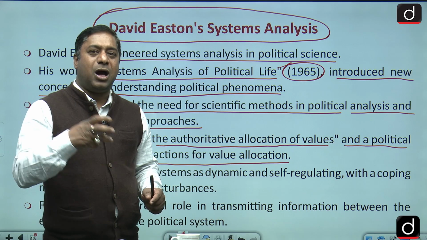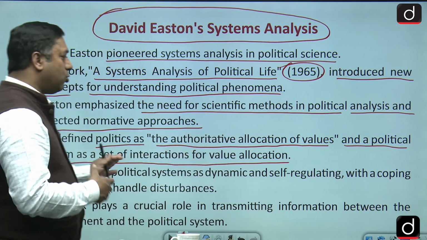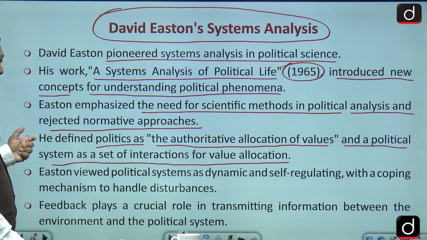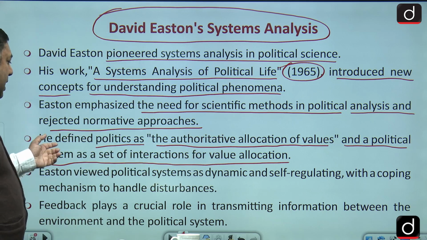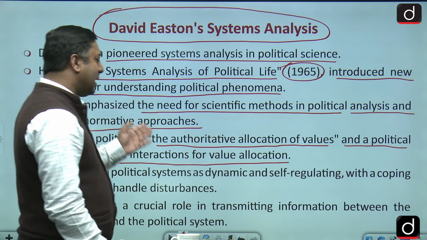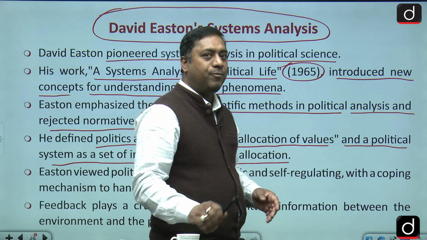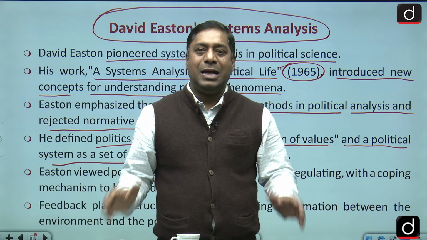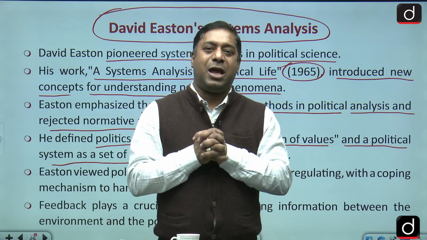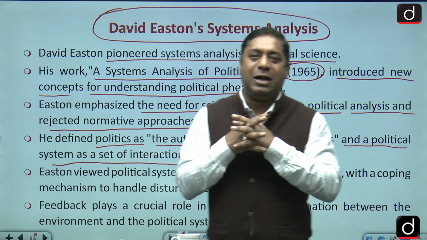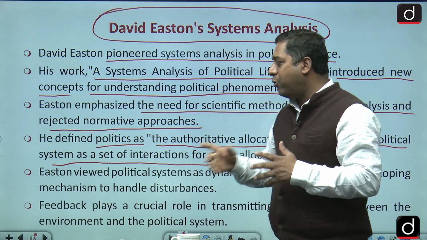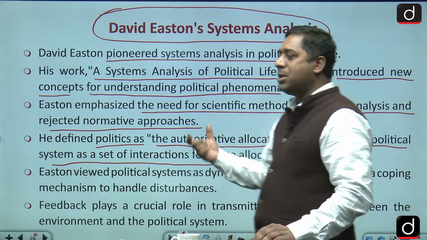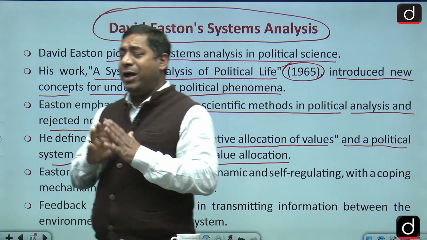Whatever values are allocated, that is authoritative, and political system is nothing else but a set of interactions for value allocation. That means when values are allocated, there is a set of interactions taking place, and that set of interactions during value allocation is nothing else but the political system. See, very, very important.